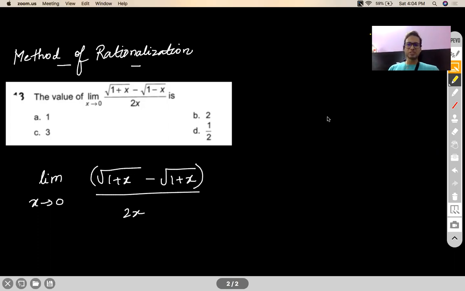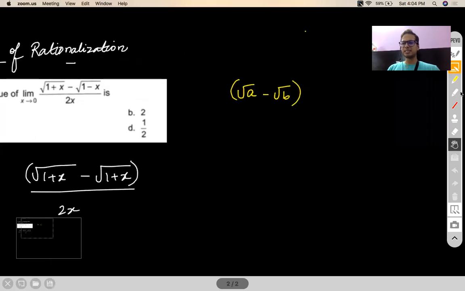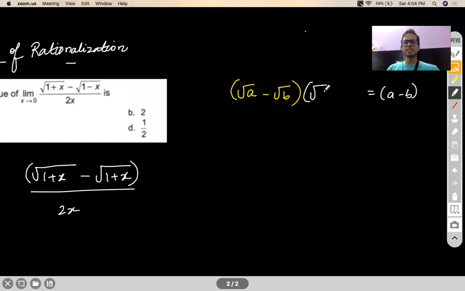If you have under root of a minus under root of b, and you want to make it a minus b, then it is understandable that you have to multiply with under root of a plus under root of b, and vice versa. But this belief will not work if somebody gave you a to the power 1/3 minus b to the power 1/3, and asked you to rationalize this.